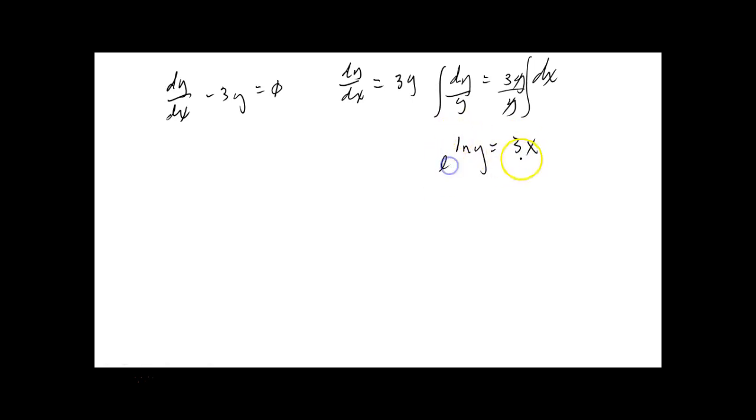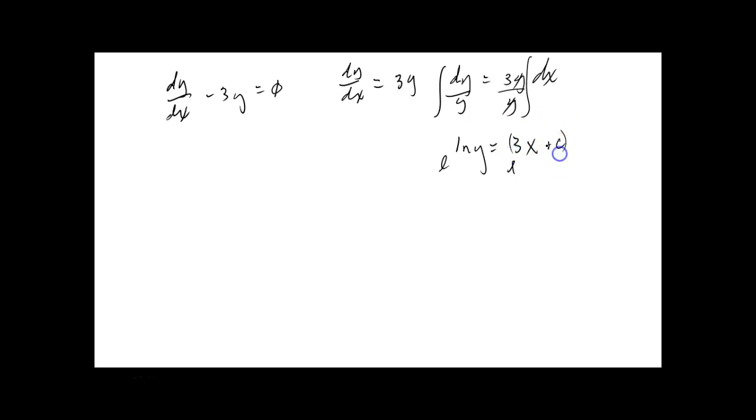And this would be log y is equal to 3x. And take the exponential of both sides, and you can do a plus c if you want to. It'll pan out however you want it to be. Let's do the plus c up here.